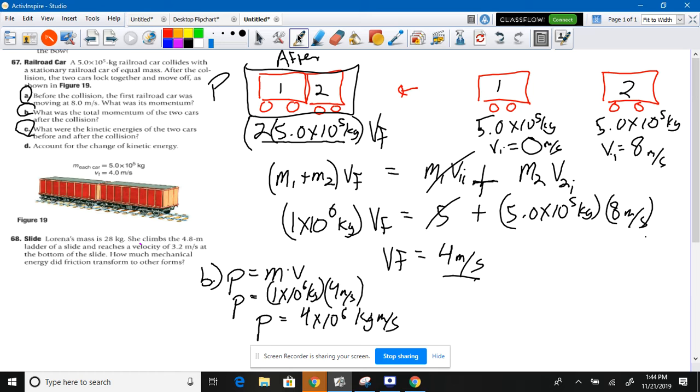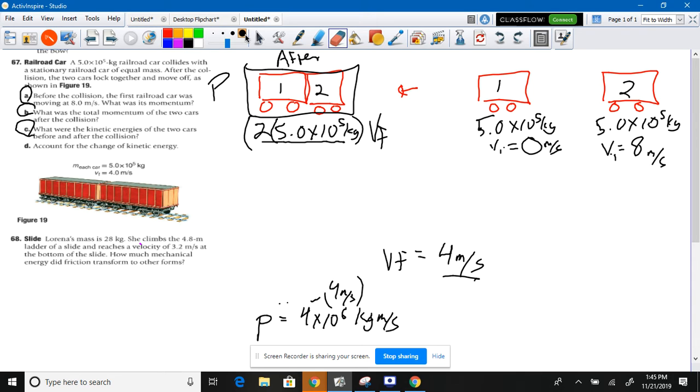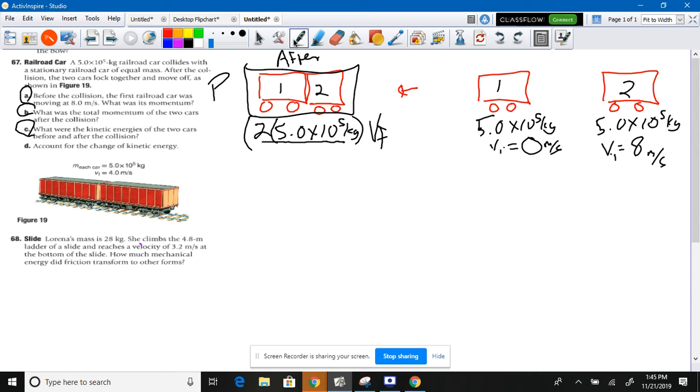So now I'm going to erase the bottom part, and we are going to do the kinetic energies for the cars before and after. If it's not moving, Logan, you know car number 1 is not moving, so the kinetic energy for that one is 0. Now we have to find the kinetic energies for each one of these.